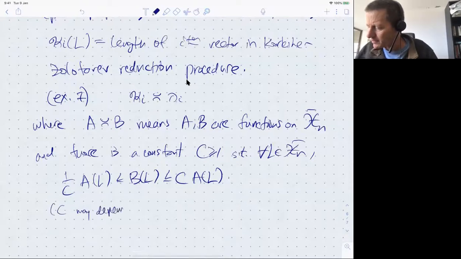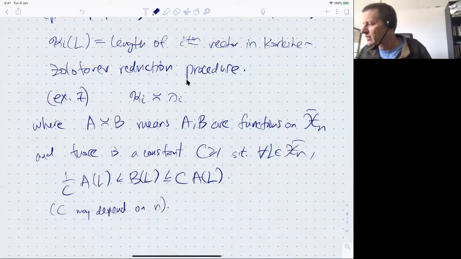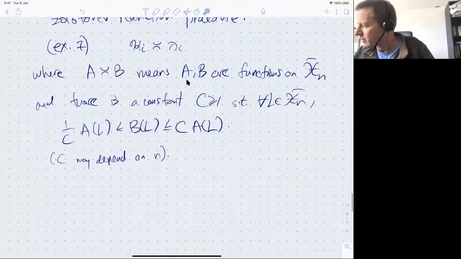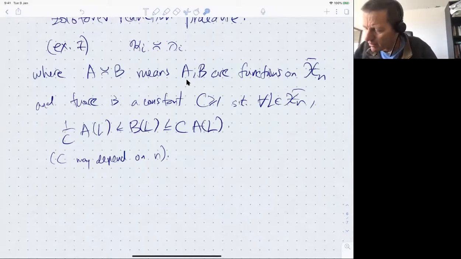In fact, it does depend on n, and how it depends on n can be very interesting and not very well understood. But for the purposes of this proof, it doesn't matter. And so that's something that I asked you to show in an exercise. And then we have Minkowski's second theorem, by Minkowski's second theorem.